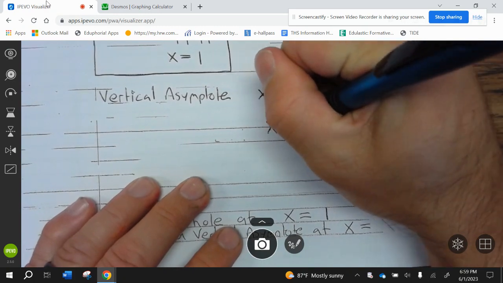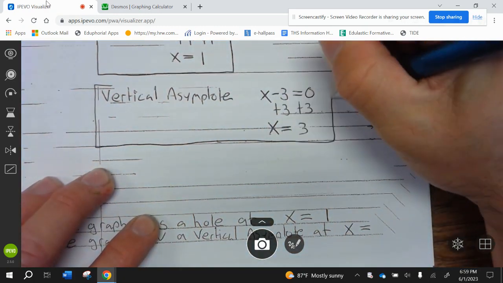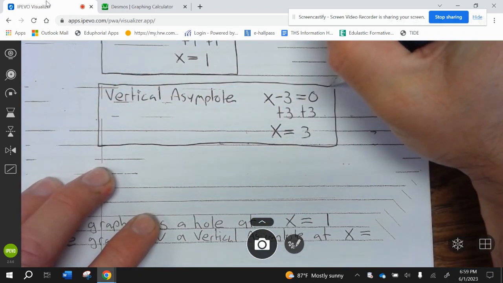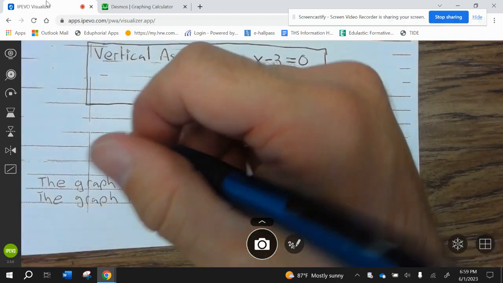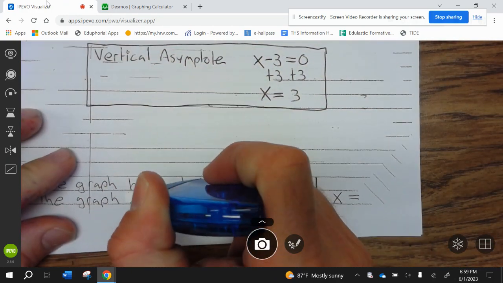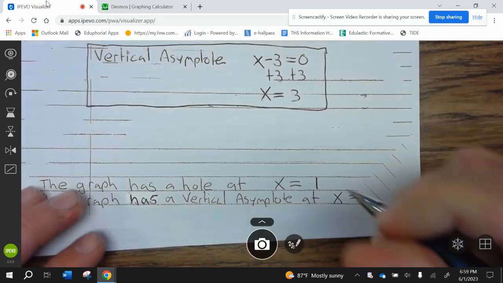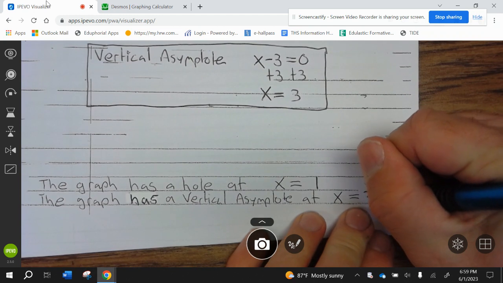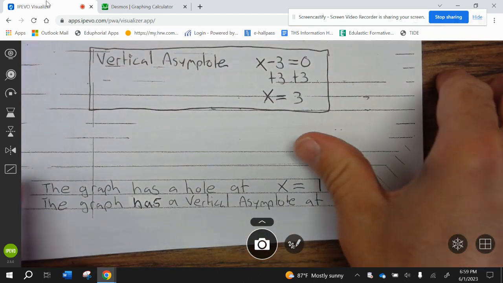So x equals 3 is our vertical asymptote. Okay, so the graph has a vertical asymptote at x equals 3. Okay, so let's take a look at the next step.